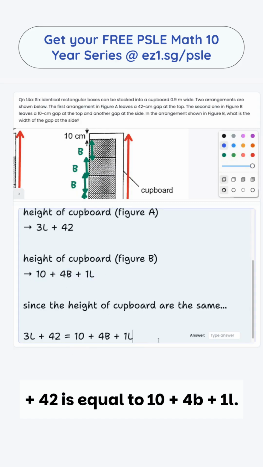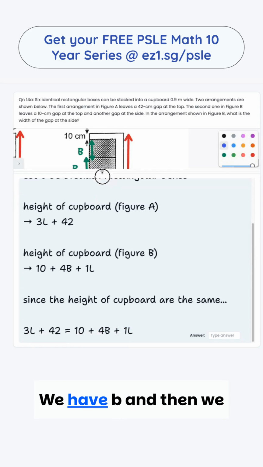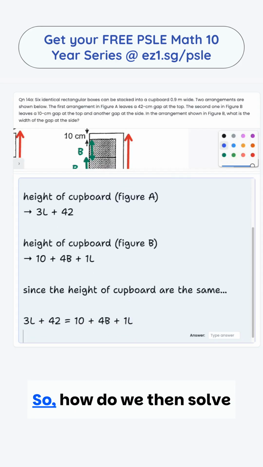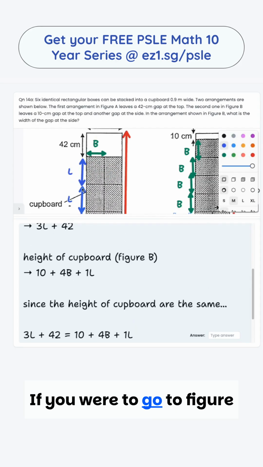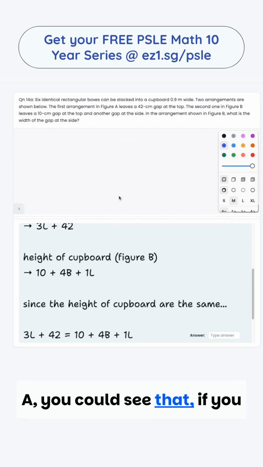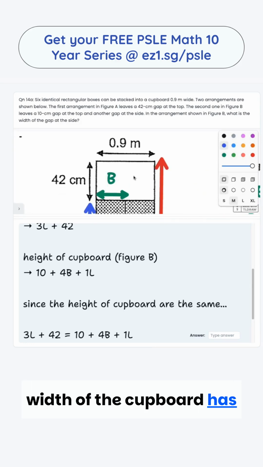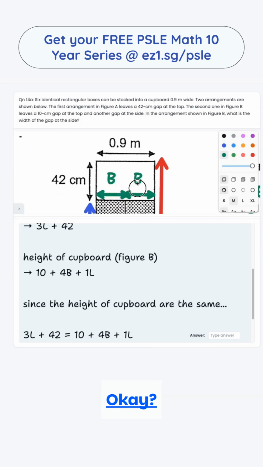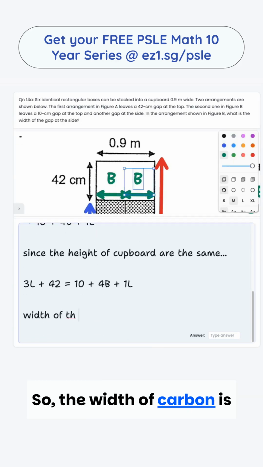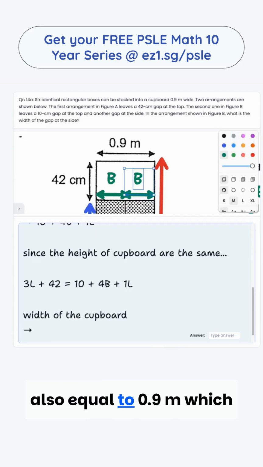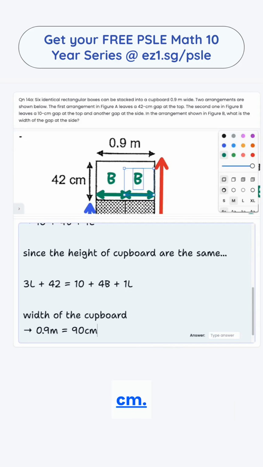4B plus 1L. But the thing is, we have more than one short form over here. We have B and then we have L. So how do we then solve this? If you were to go to figure A, you could see that the width of the cupboard has 2 B's. The width of cupboard is also equal to 0.9 meters, which we need to change to 90 centimeters.